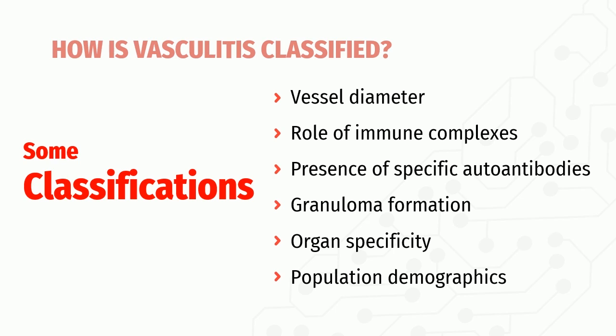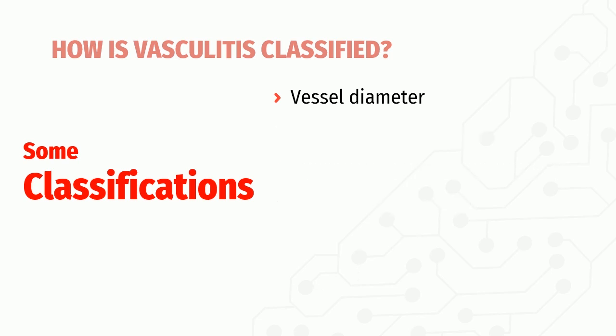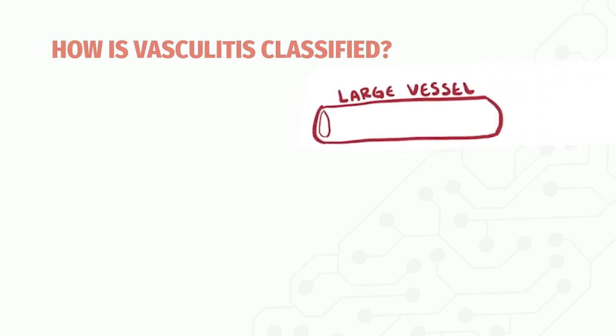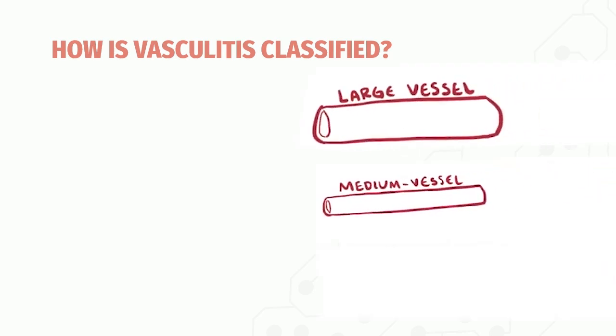Here we decided to classify types of vasculitides according to vessel size or vessel diameter, into diseases that affect large, medium, and small arteries. My colleagues will take you on a journey to understand some of them. Omar will start with large vessel vasculitis.